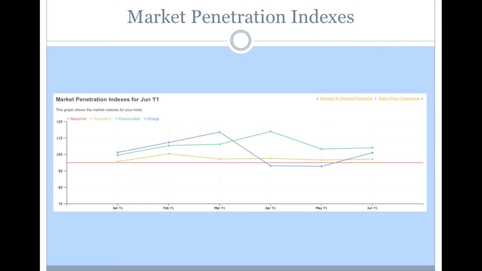Because we didn't increase the pricing in June, which may be reasonable as the holiday is coming for them. Lastly, the transient has an average and steady above the baseline.